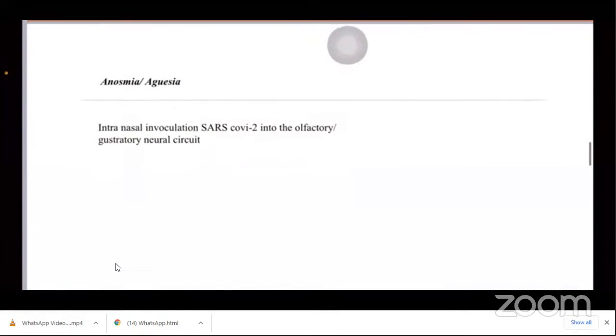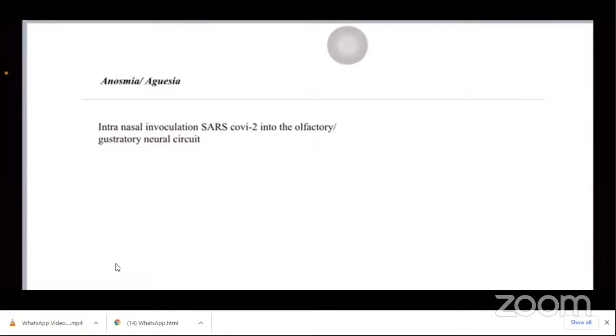So the first symptom, anosmia or ageusia. Anosmia is the loss of smell, and ageusia is the loss of taste. What happens is, during SARS-CoV infection, the viral overload in the nasal cavities increases.